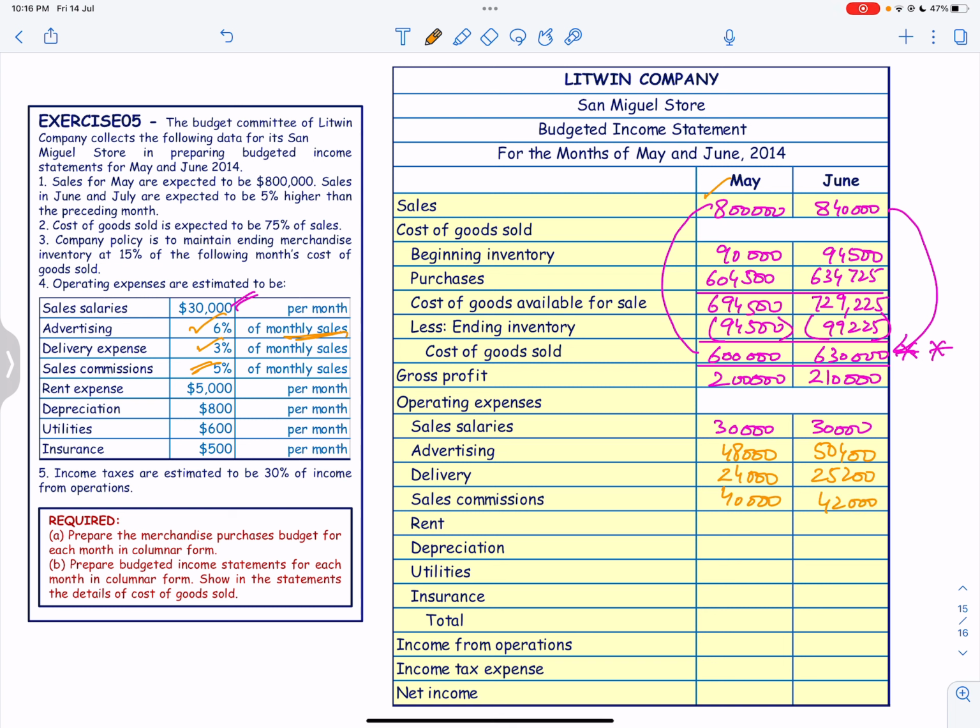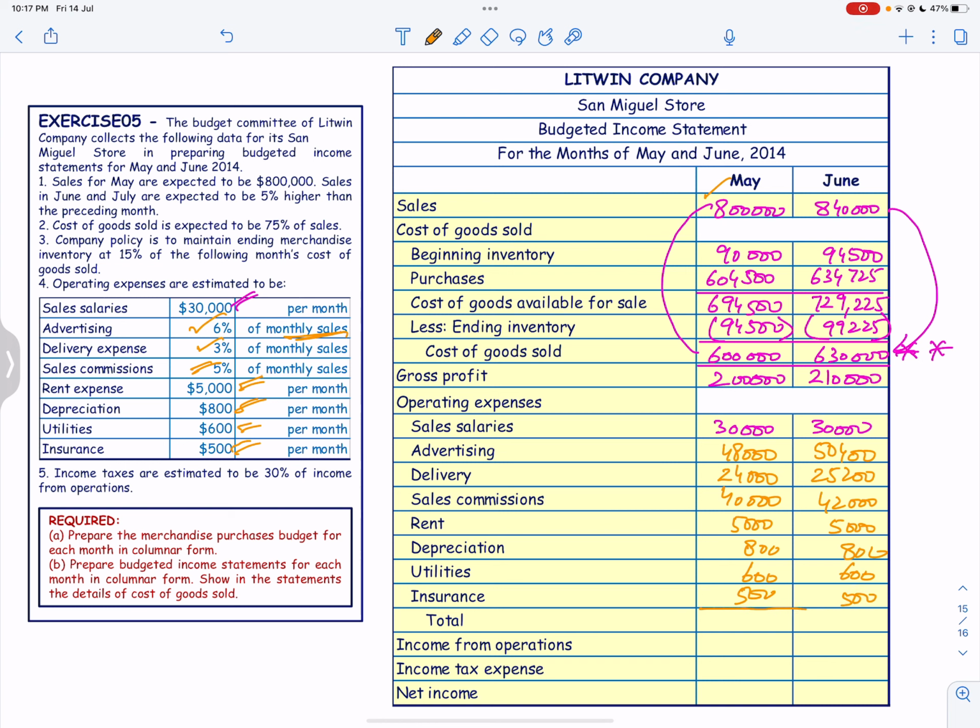Rent is fixed, that is 5,000. Then we have depreciation of 800, utilities of 600, and insurance, which is fixed, 500.